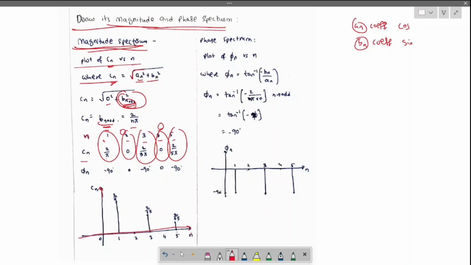Plotting the n is easy, like 1, 2, 3, 4, 5. Now for the Cn, at 0 it is 0, okay? For 1 it is 2 by pi. For the 3, it is 2 by 3 pi. For the 5, it is 2 by 5 pi. Something like a gradually decreasing graph, okay, you will get.